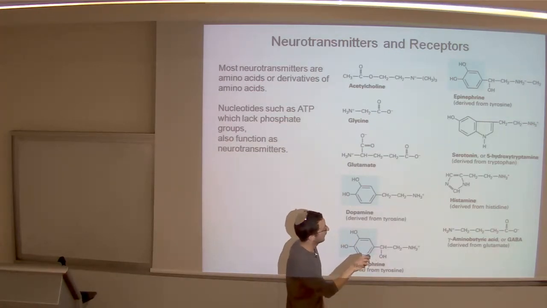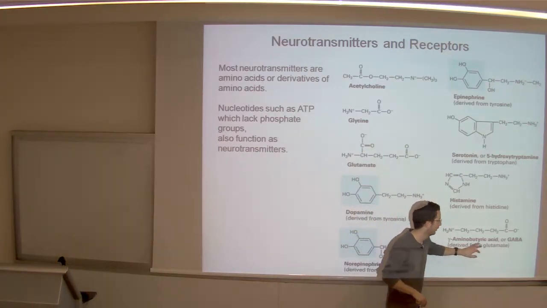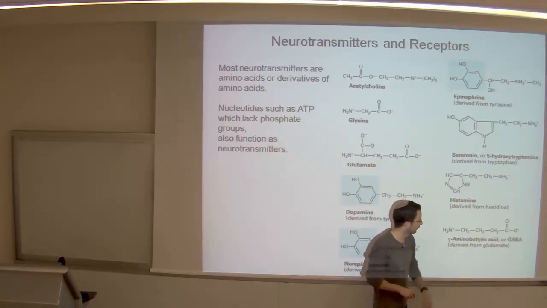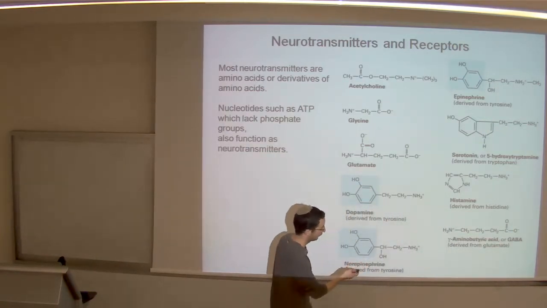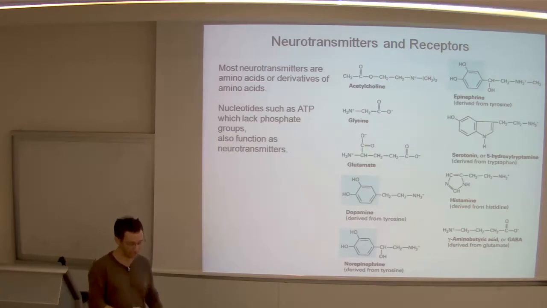Serotonin, the neurotransmitter we've just discussed, is derived from tryptophan. Histamine is derived from histidine, and GABA, the favorite neurotransmitter of Hagai Bergman, is derived from glutamate. So which researcher has their favorite neurotransmitter? Just choose yours.